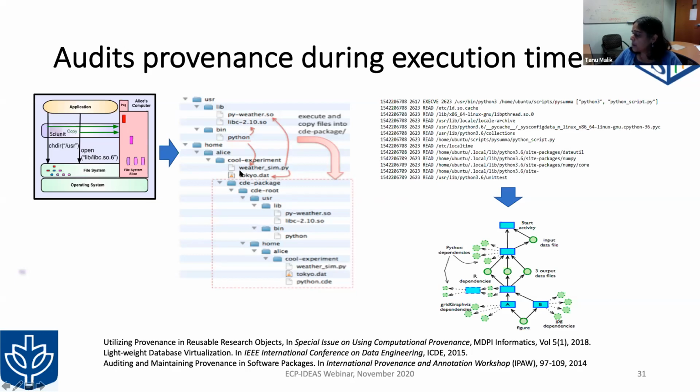And obviously, since I'm going to be running it with Python, when this process gets instantiated, it depends on the Python interpreter, which may depend on further libraries. So all of these are copied into the package, the reproducibility package, and its access log is also created over here with reads and writes, leading to a provenance graph.